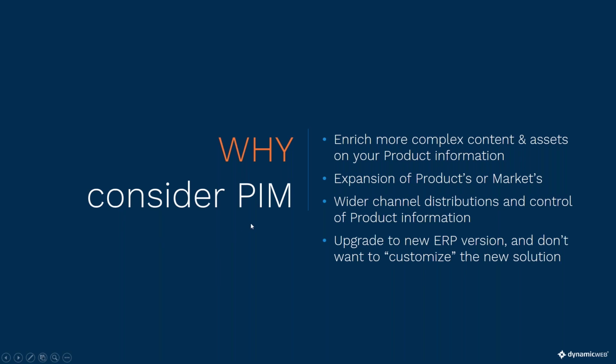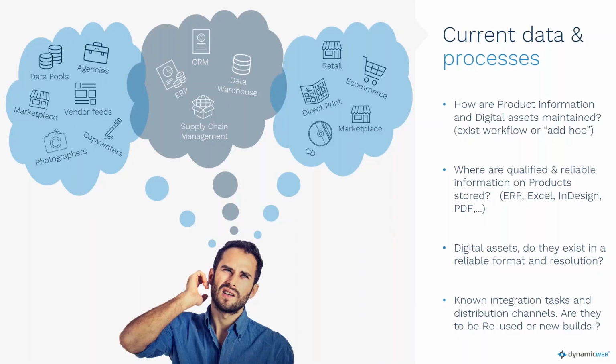So, independent of what the reasons are for considering a PIM solution, they all typically start with trying to get an overview of the current data, an overview of the current processes, or a full picture of what is going on in the company, how we are handling and treating product information.